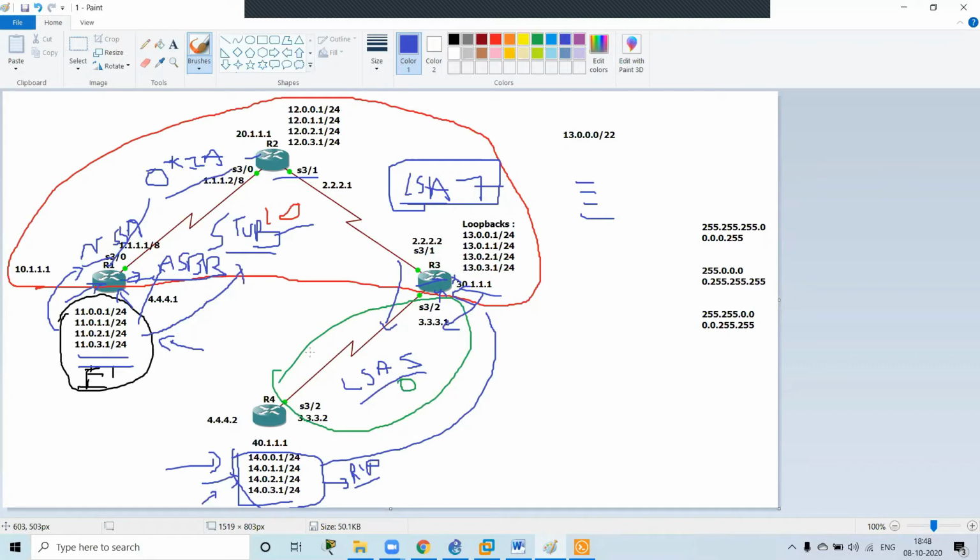Then why would you name the LSAs as LSA 7 or LSA 5 if you are not getting any routes? Yeah, got it. Understood?